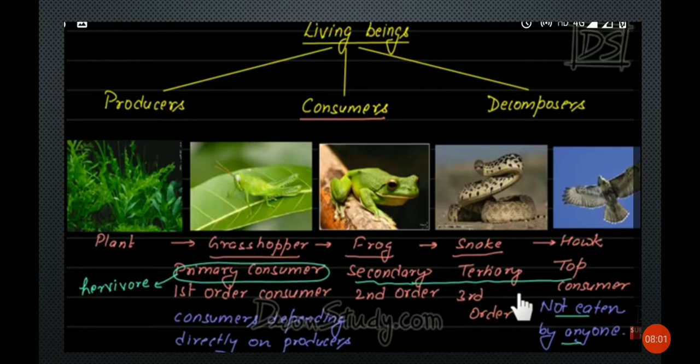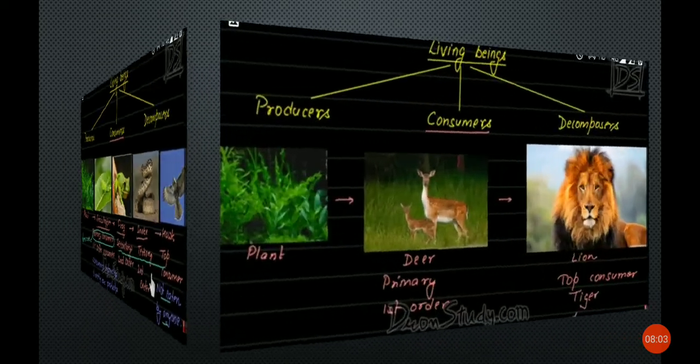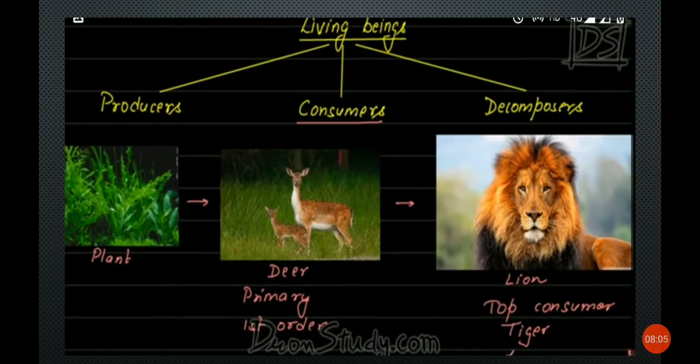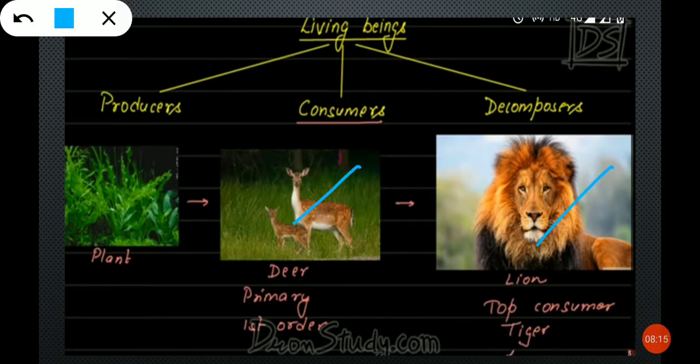There were 4 consumers, but if you observe this slide, how many consumers are there? Only 2 consumers. What are those? Deer and lion. Consumer means what? Organisms depending upon other animals for food. So these 2 are consumers, right? This is the primary consumer and this is the top consumer.